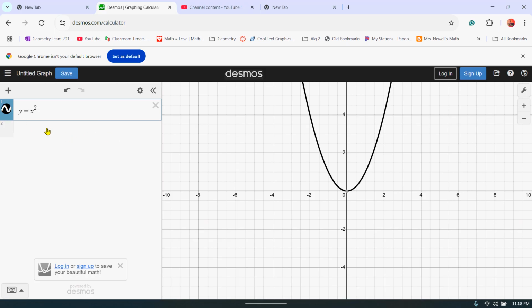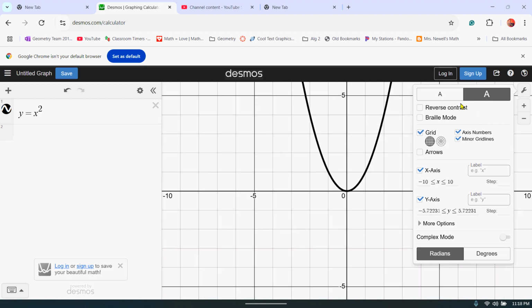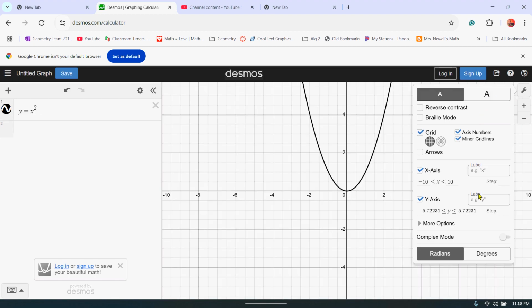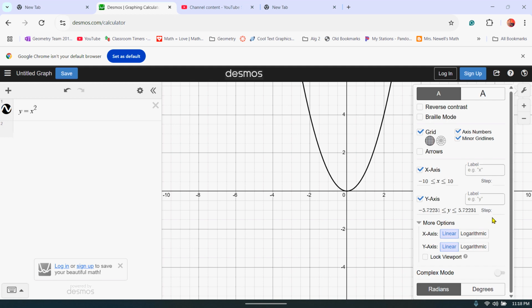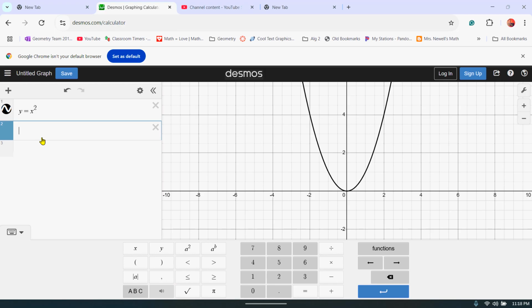I'll have to work on that. No, oh, it's over here. Right here, the graphing settings. More options. The color should be over here. Well, okay. I apologize, I forgot how to do that. Or maybe I don't have the right thing open. But we're just going to type the next one.